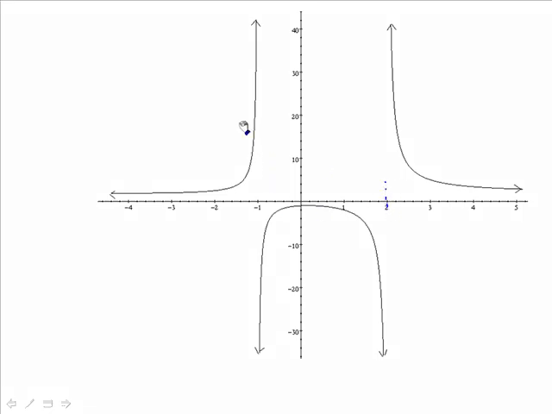But the issue really is about the behavior of y equal f of x around, or in the vicinity of, the asymptotes.